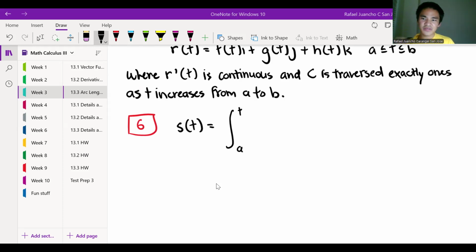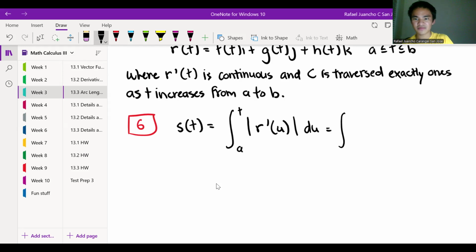Here we're not given a b boundary anymore. That depends on us, where we want it to stop, right? And here I use a different parameter, maybe u, du. So it's the same thing, but this time we're not setting a fixed upper boundary.